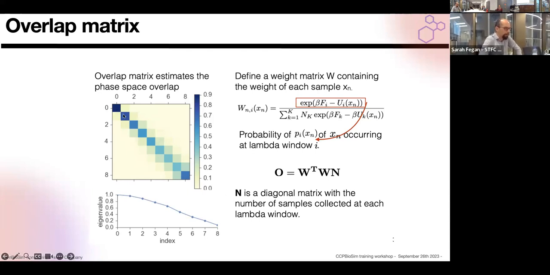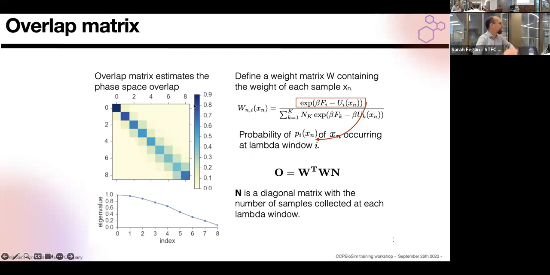So when you plot this, here we've got 8 different windows. You can look at the probability that a sample from your distribution at state 0 would also show up in a simulation at state 1 or 2 or 3, 4.